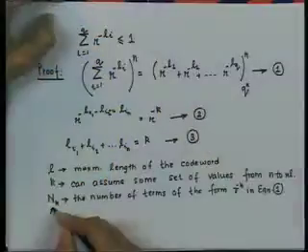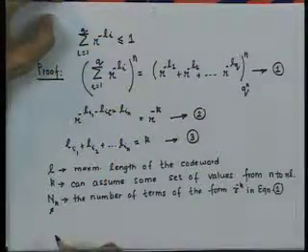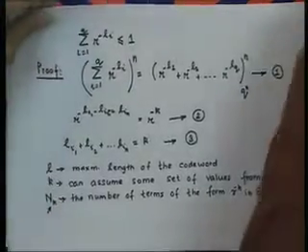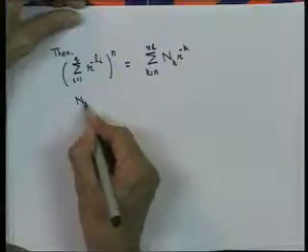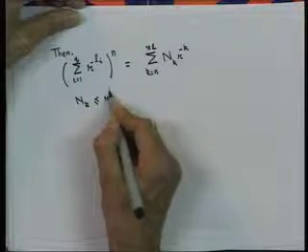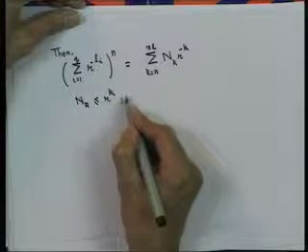Now, if the code is uniquely decodable, then this N_k must be no greater than r raised to k.